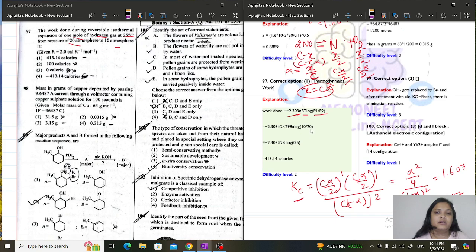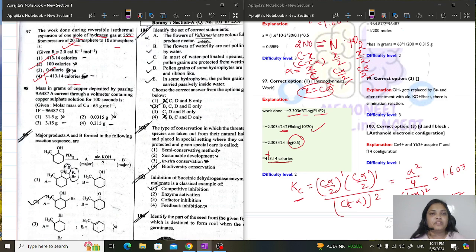We will put the values, because the answer is in calories, so R is 2 calorie. We will solve it and the value will come out to be 413.14 calories in negative. So yes, it's negative. So 0.5 we will do log 2, and it comes out to be 413.14, which is positive.